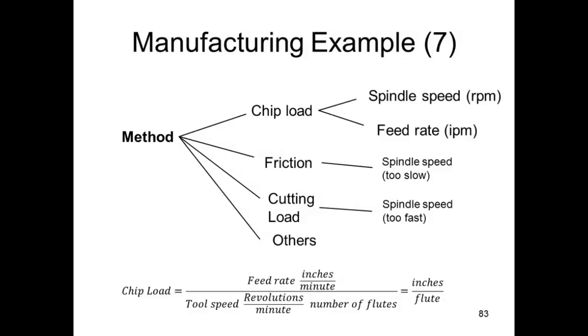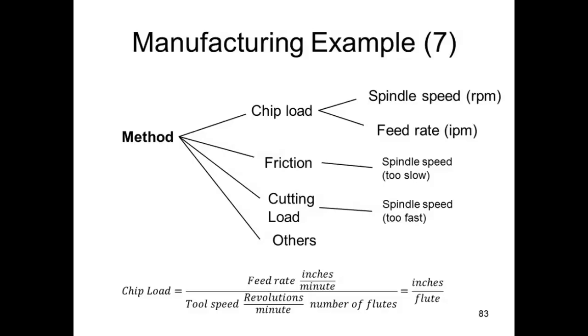I said the process work elements are similar to a cause and effect diagram. Well, we can do the same thing with them as we do with a cause and effect diagram and expand them. So the method includes the chip load, which in turn depends on the spindle speed and feed rate. Friction, if the spindle speed is too slow, that can result in breakage.